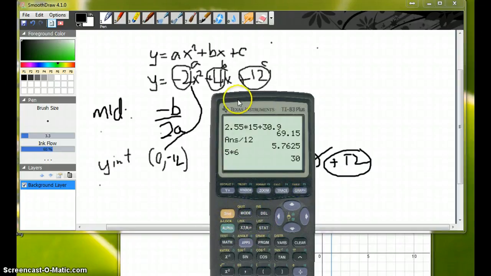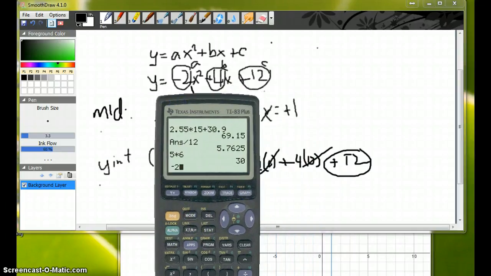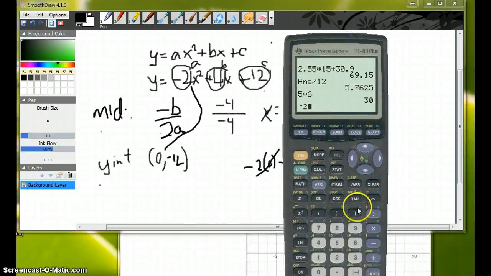Okay. So negative 2 times 1 squared plus 4 times 1. And these are super easy. I don't even think I need a calculator for this. It's 14.